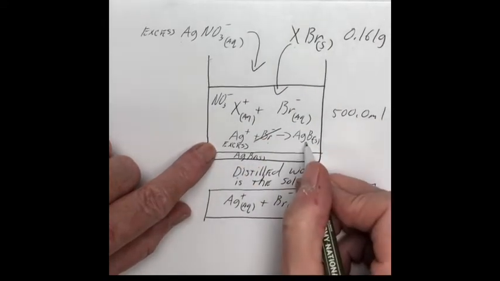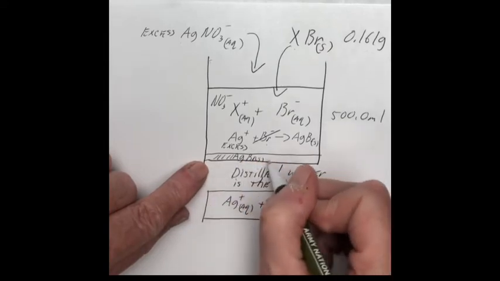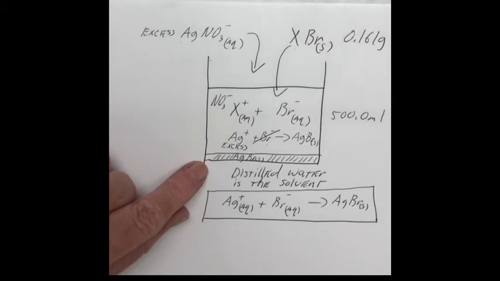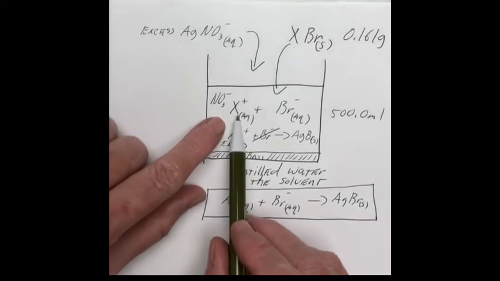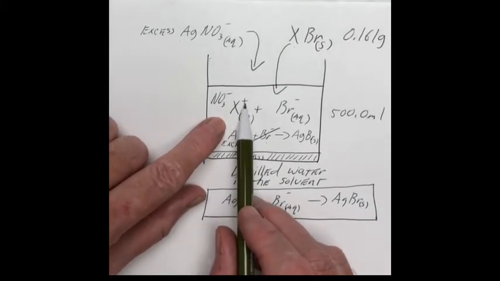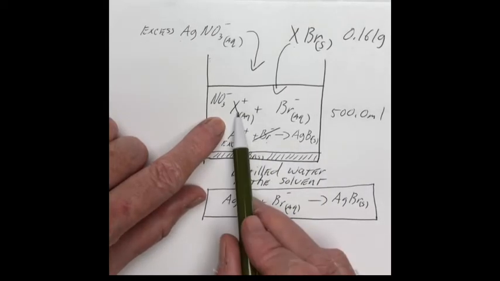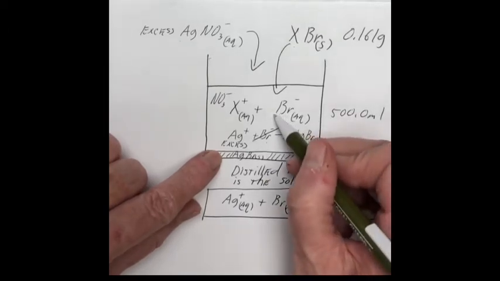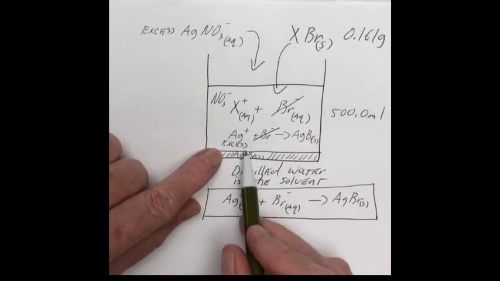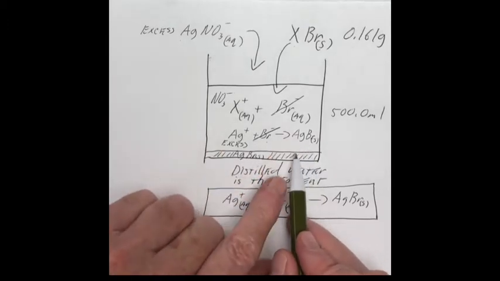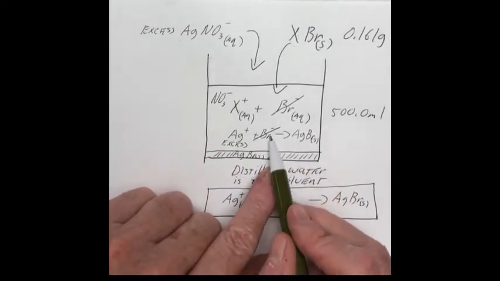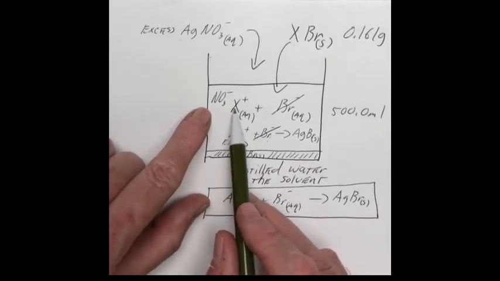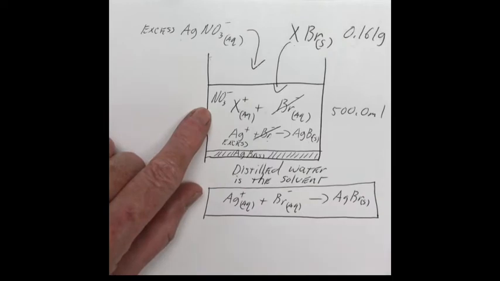We've got plenty of solid precipitate, which is represented here. It's more dense than water, it goes down to the bottom. We also have this original metal ion, so we're not sure what that is, but we'll call it X positive. The Br minus is consumed in this reaction and is present now as that solid, so that's why we're eliminating this. Don't forget we have nitrate, which is a spectator ion in this reaction.